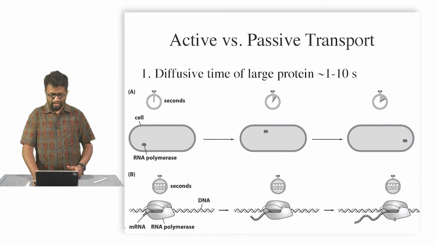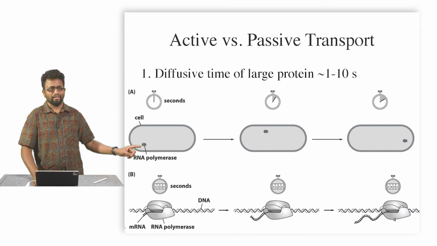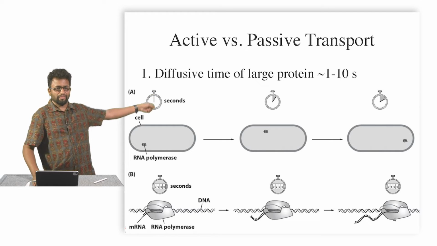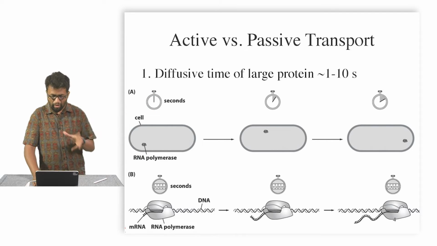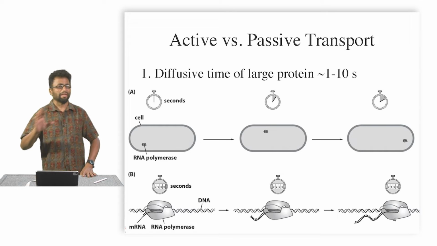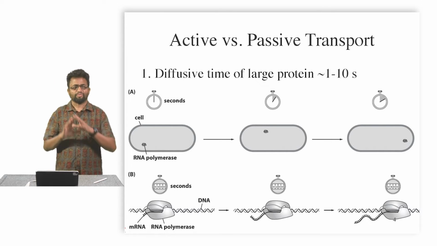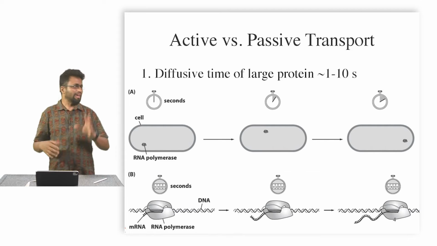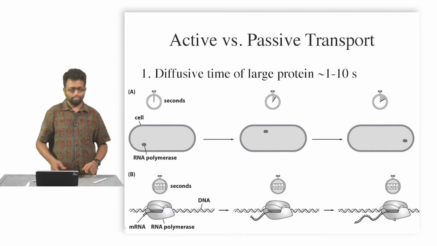So, for example, an RNA polymerase that is present in one part of the cell can move to the other parts within about 1 to 10 seconds purely by diffusion, purely by the same random walk that we think particles of air that are around us that are performing.